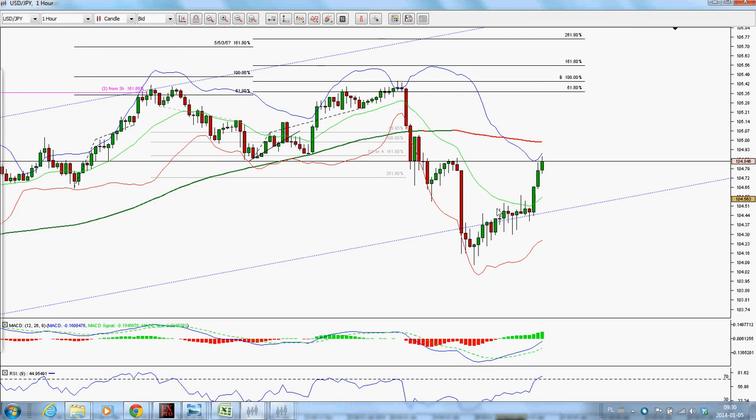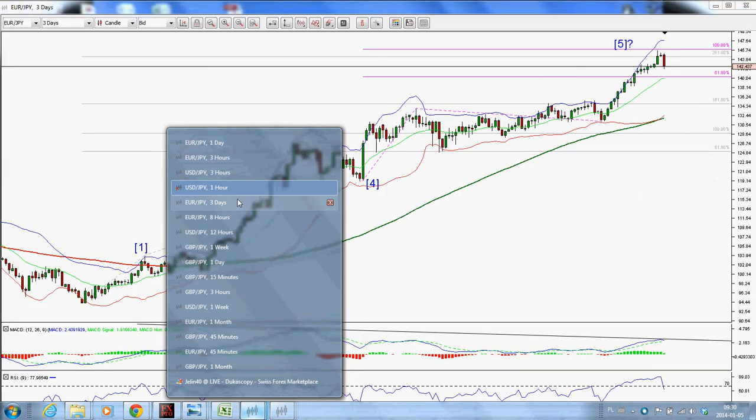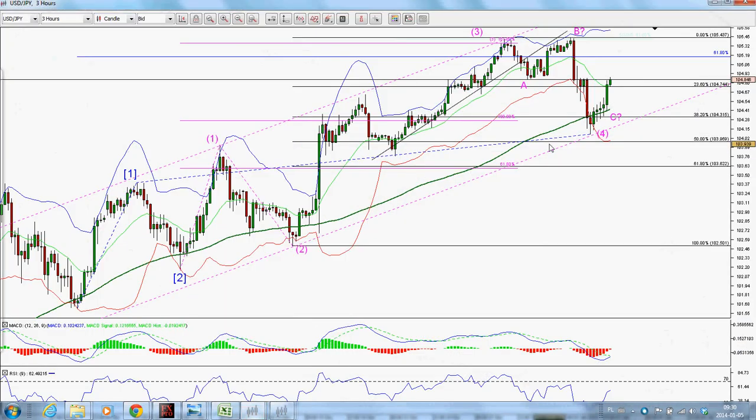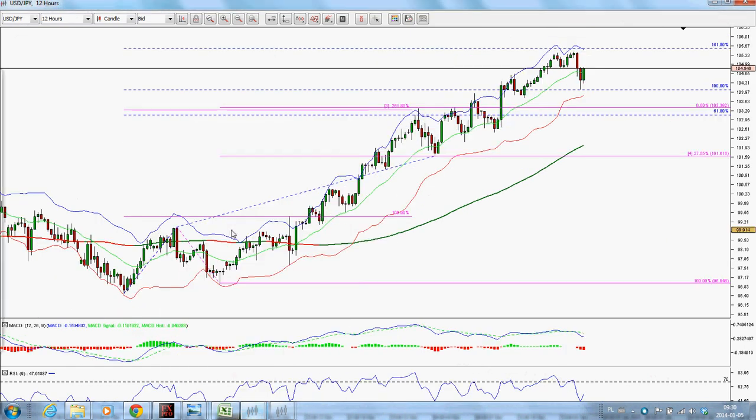So the market is most probably already developing a 5th wave based on this 3 hours chart, or if you check the 12 hours, you can see a nice engulfing pattern as well. So this is quite strong.